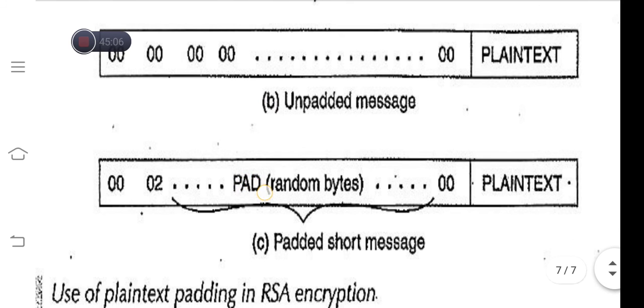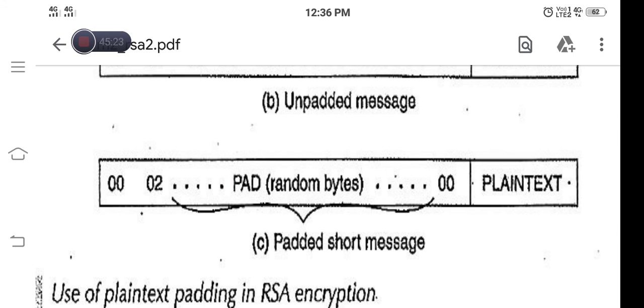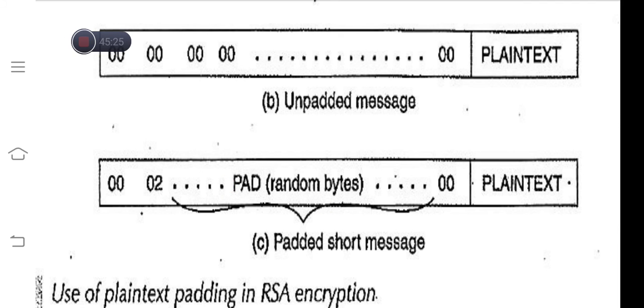But in figure C, what we are seeing here is that the ciphertext will be a function of the plain text, that is the short message, and also a function of the large sequence of random bytes, as we are seeing here in figure C. So what is the role of the attacker here?